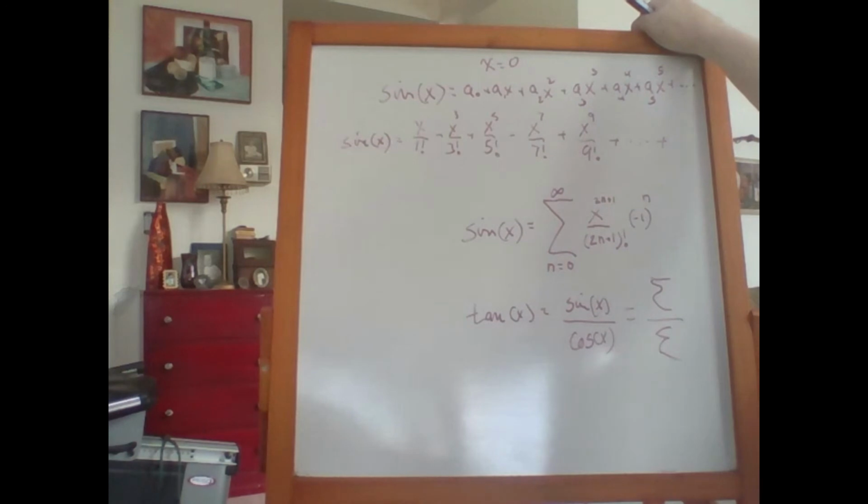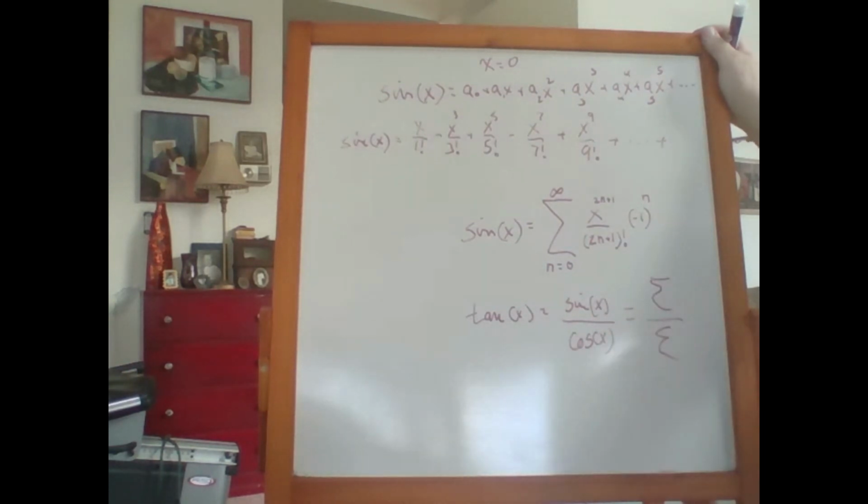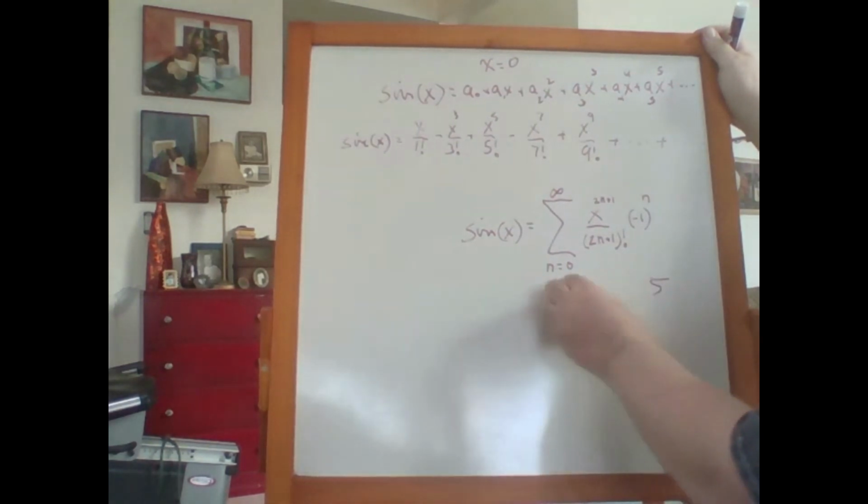You can have different trigonometric identities represented in polynomial form using infinite series. So there are a bunch of things that you can do that are pretty cool with this.